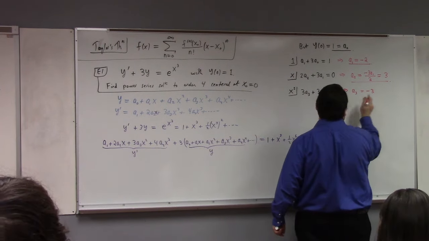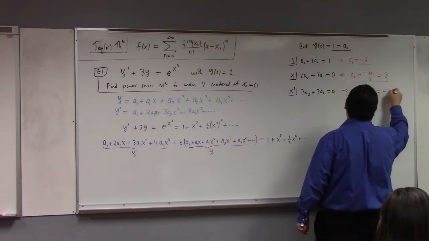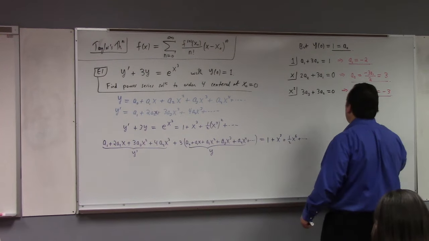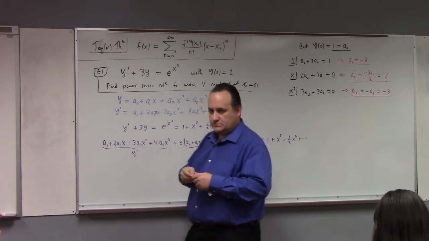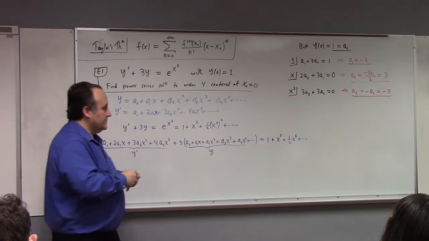Well, this would imply that a3 is minus a2, right? Which I think is -3, so.